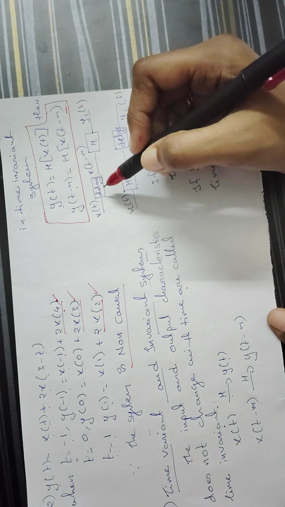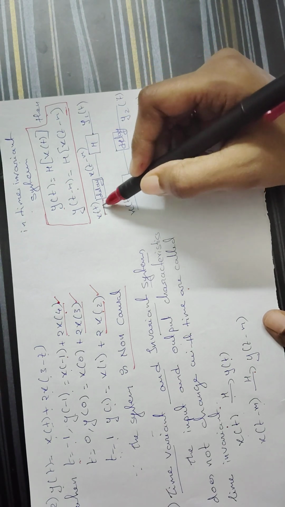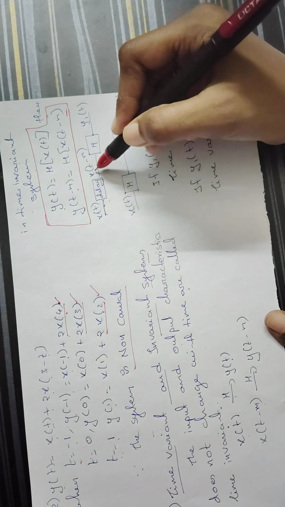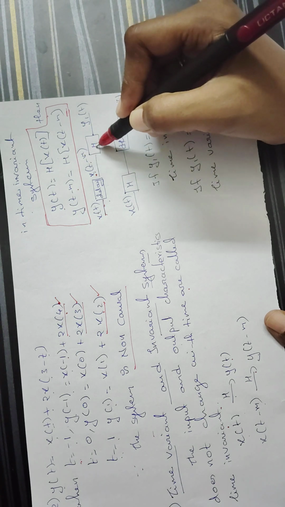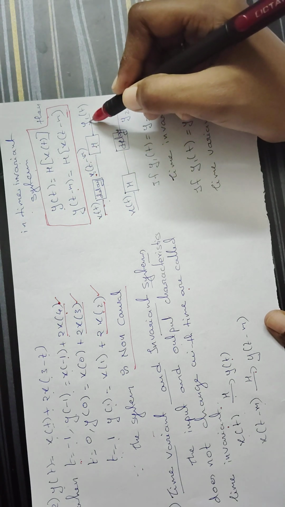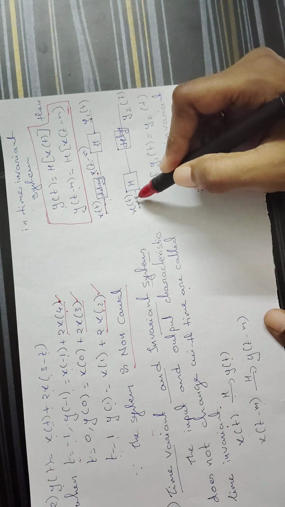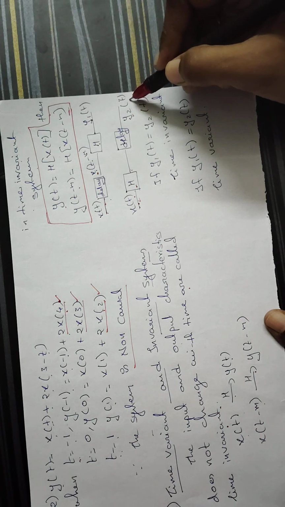So let us verify in a diagrammatic representation. I am taking here x of t and here a delay. After the delay we get a signal x of t minus m, then give it to a system h, and we get y1 of t. Now take the other one, that is x of t, give it to a system, then apply a delay, and you get y2 of t.